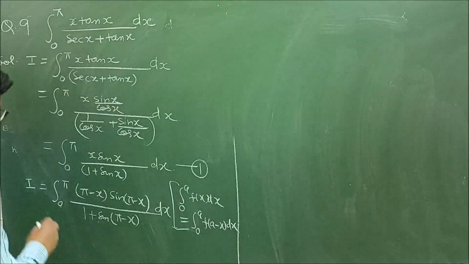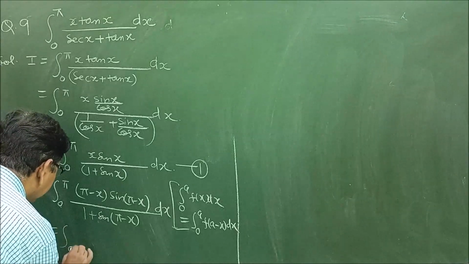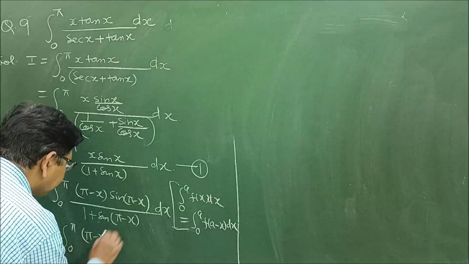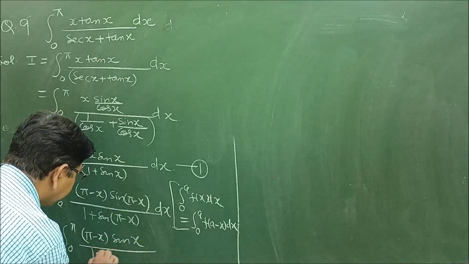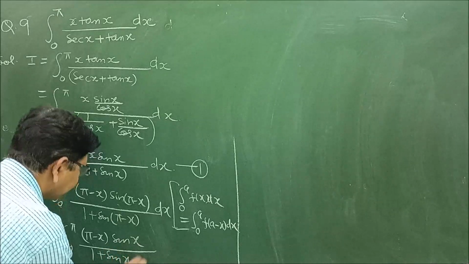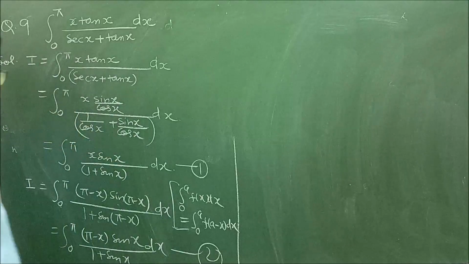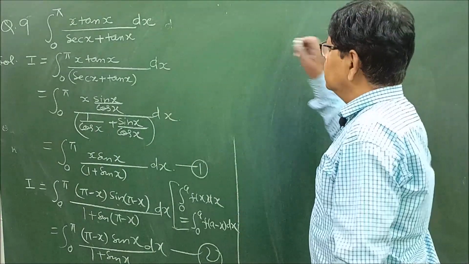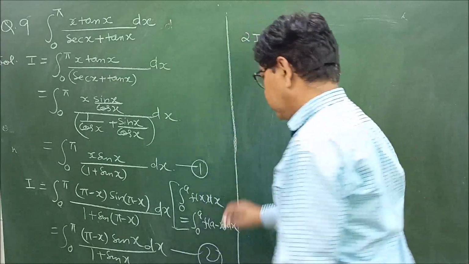Now this is equal to 0 to pi, pi minus x, sin of 180 minus x is equal to sin x, upon 1 plus sin x dx. This is number 2.